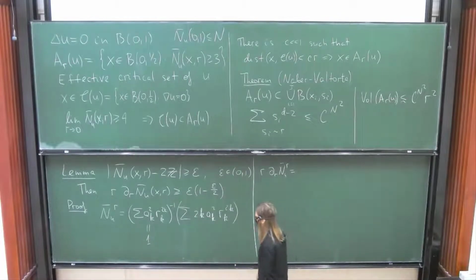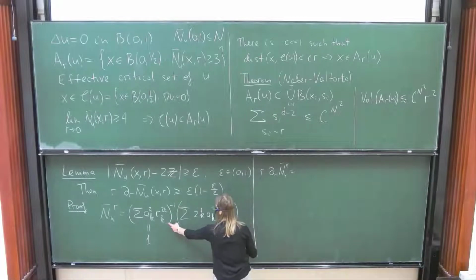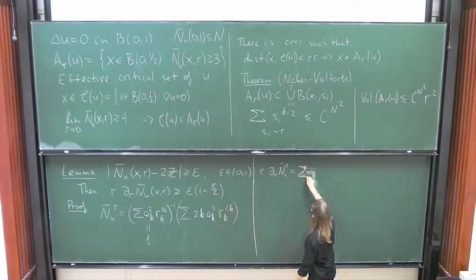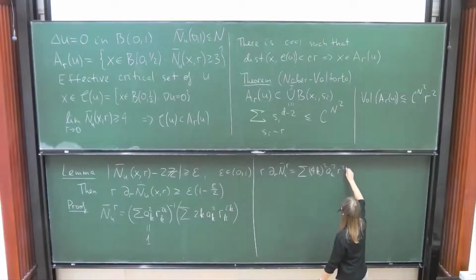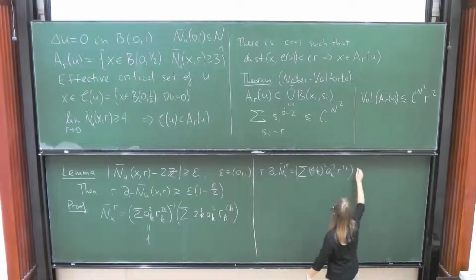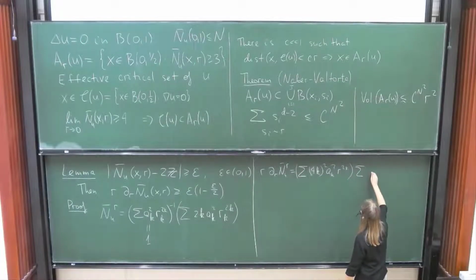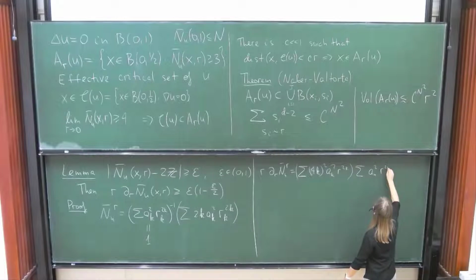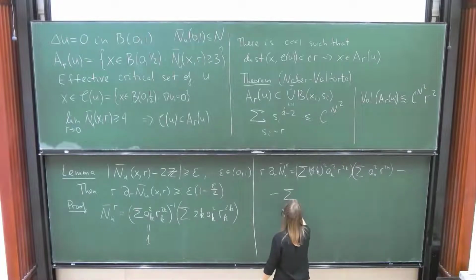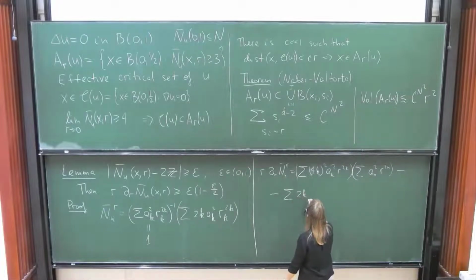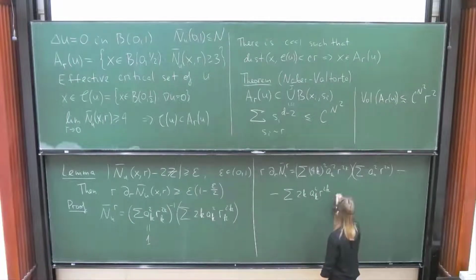And when we take the derivative, this is derivative of this one times that one, minus the other way around. Here we'll have two equal terms, but I'll write them using different indices.